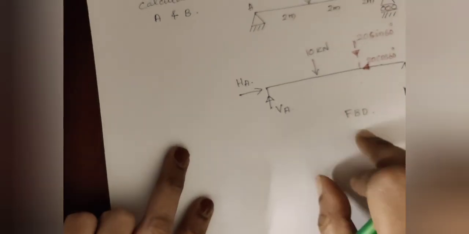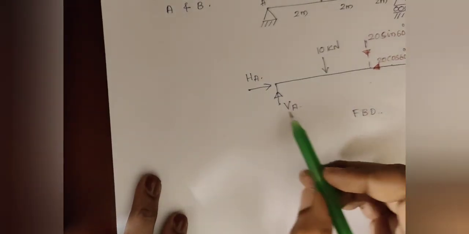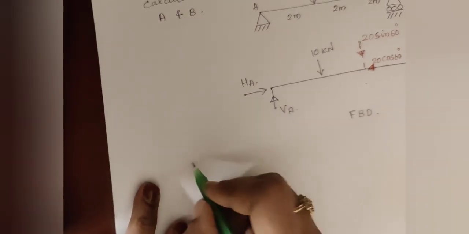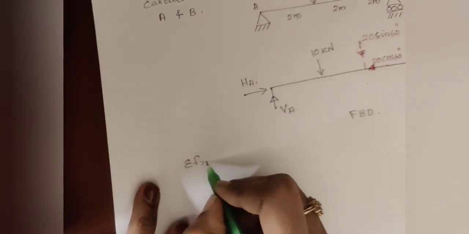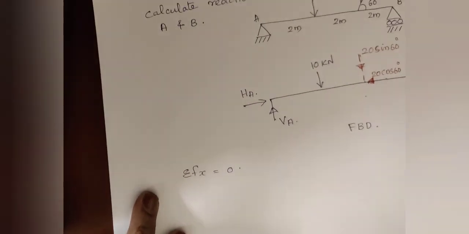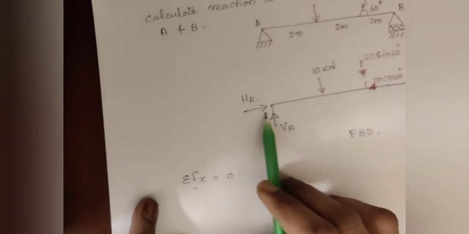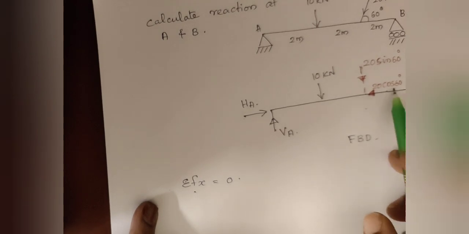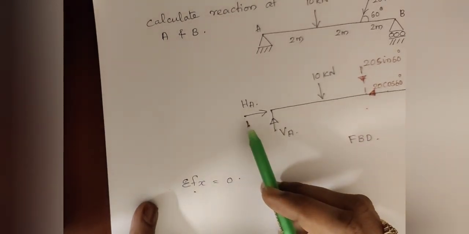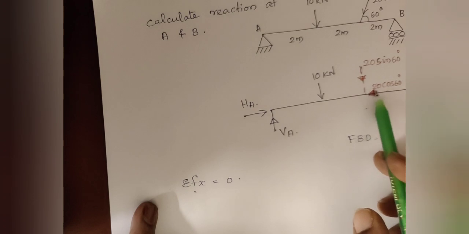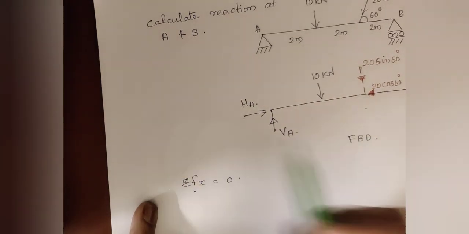Now using this figure you have to calculate the support reactions. The first equation is sigma Fx equal to 0. You have two horizontal forces, HA towards the right and 20 cos 60 towards the left.